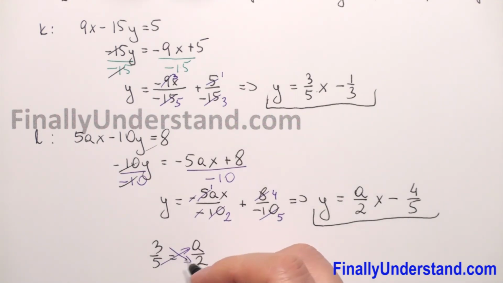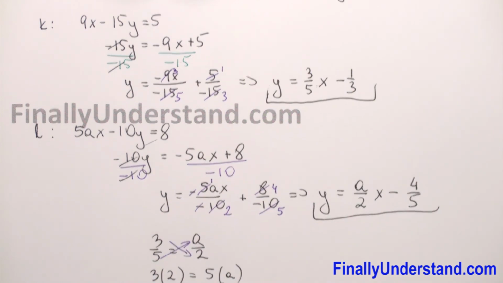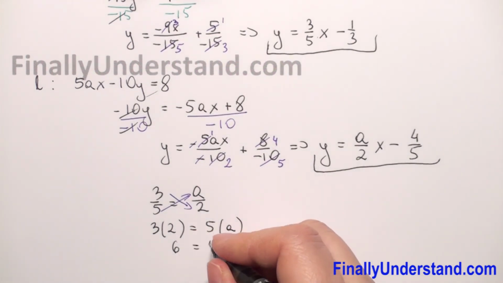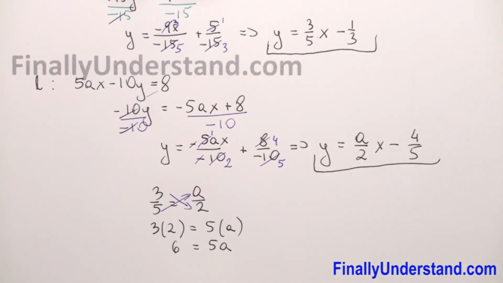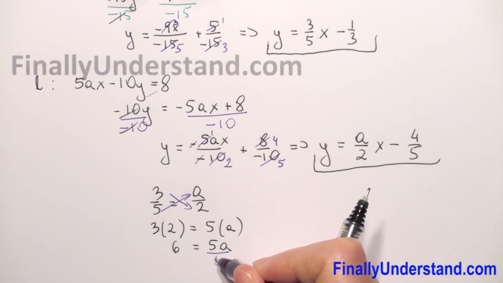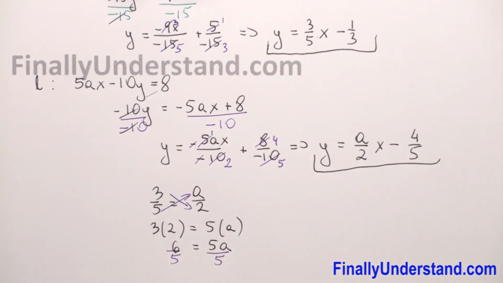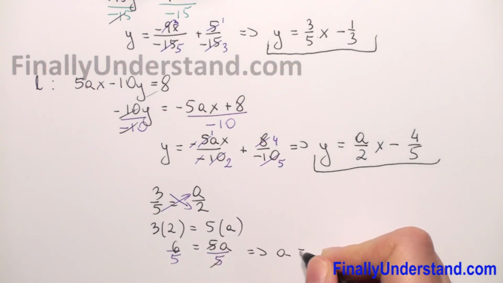So numerator times denominator: 3 times 2 is equal to 5 times a. So 3 times 2 is 6, which is equal to 5a. Now I will divide both sides by 5. So 5 and 5 will reduce, and we have that a is equal to 6 over 5.